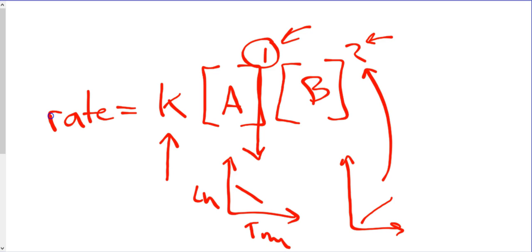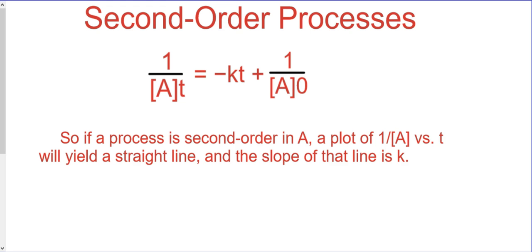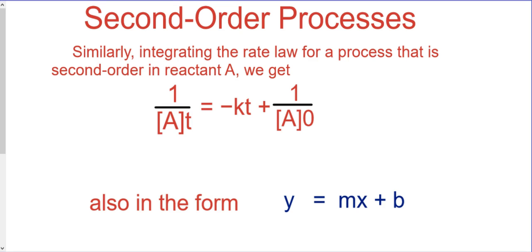You okay with that? All right, so a second order reaction has some different math. When we take the integrated rate law for it, we end up with 1 over [A]t equals negative kt plus 1 over [A] naught. Now, you may want to chop up what these parts mean again. [A]t means the concentration at a specific time.